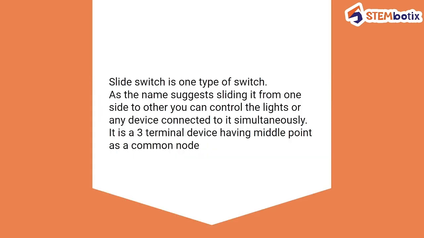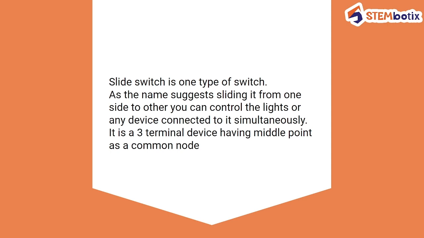So first of all, what is a slide switch? In the tutorial on switches, we have seen the different types of switches, and one of them is the slide switch. As the name suggests, by sliding it from one side to the other, you can control the lights or any devices connected to it simultaneously.